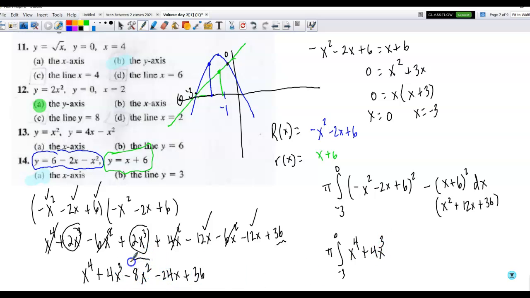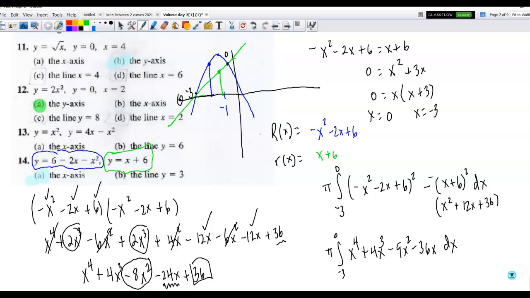I have my minus 8x squared minus an x squared makes minus 9x squared. I have a negative 24x minus 12x makes minus 36x. And then I have my 36 minus 36, which makes a 0, dx.